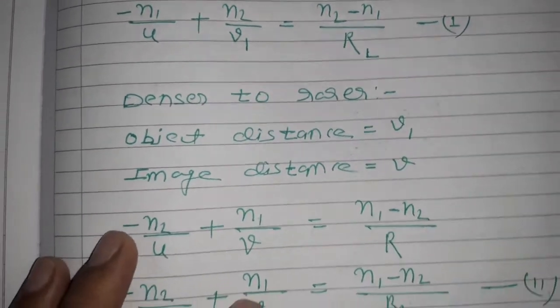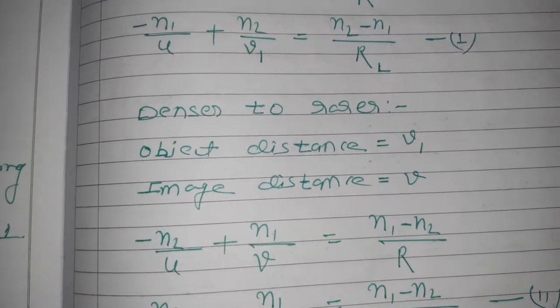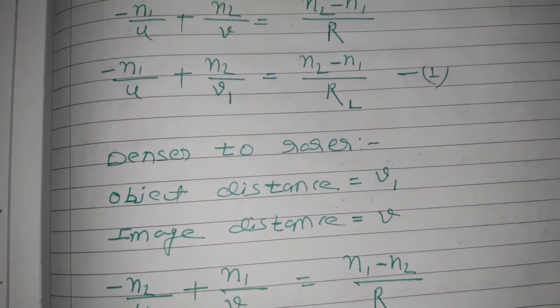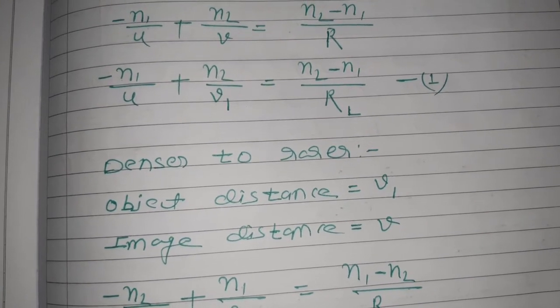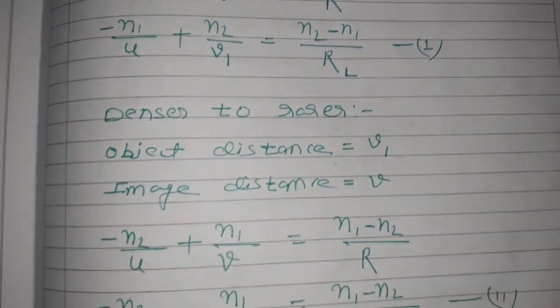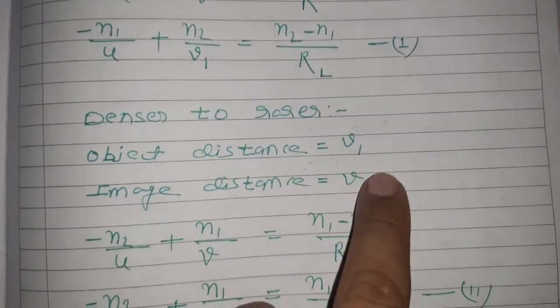When the rays travel from denser to rarer medium after refraction through the first spherical surface, now rays travel through the second spherical surface towards the rare medium. So the object distance is v1 and image distance is v.